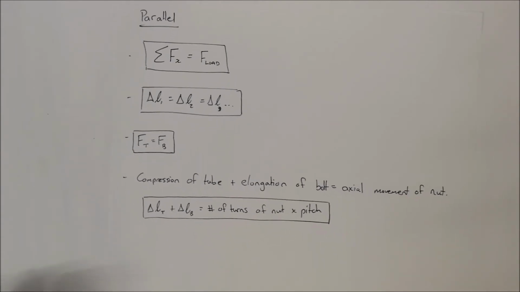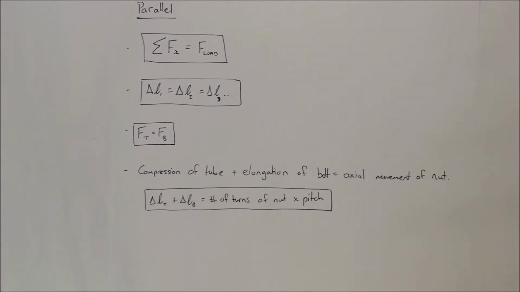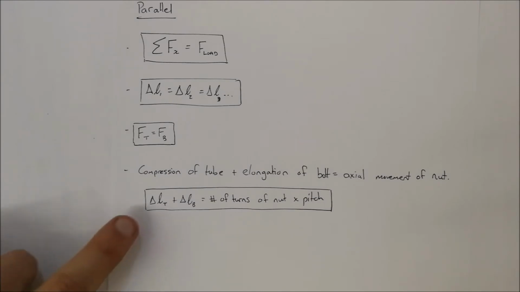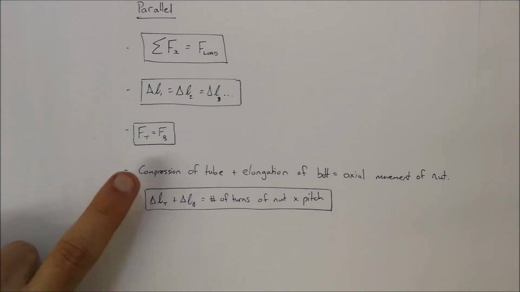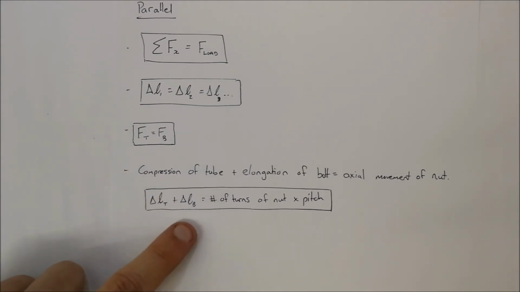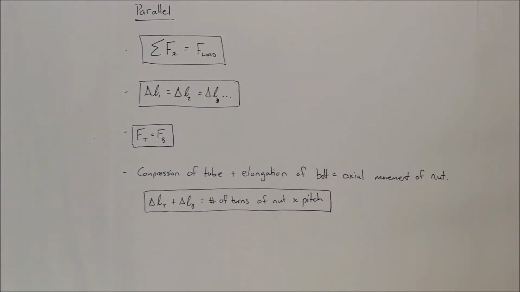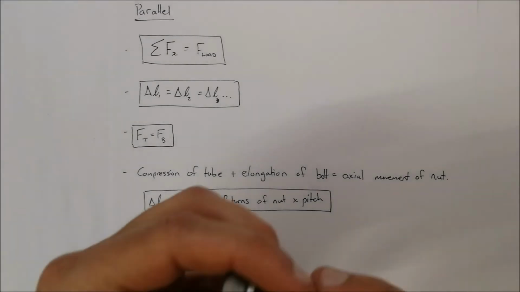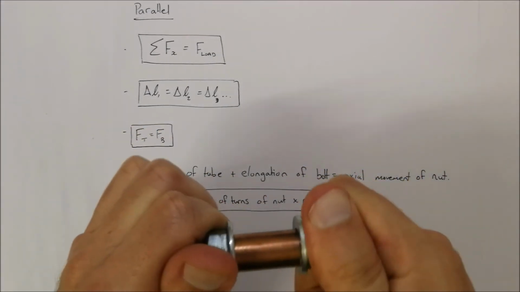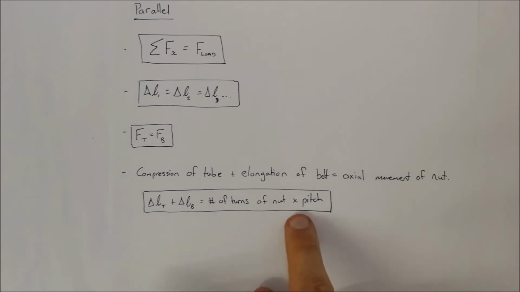And then the compression of the tube plus the elongation of the bolt is equal to the actual movement of the nut. So in other words, if we add the change in length of the tube with the change in length of the bolt, that's going to be equal to the number of turns of that nut, multiplied by the pitch.